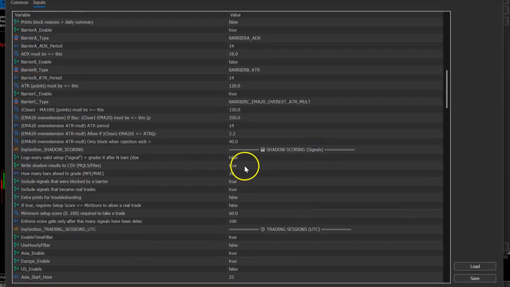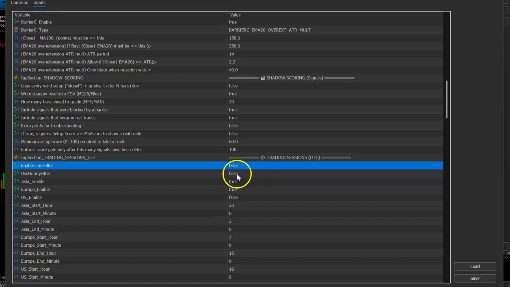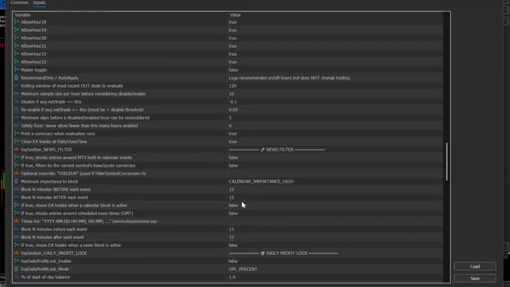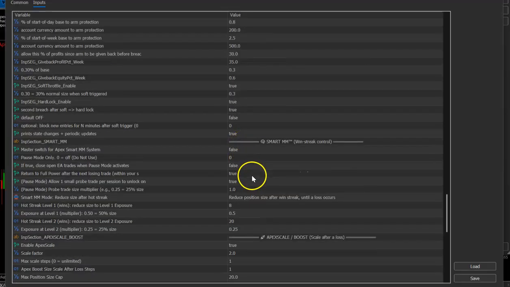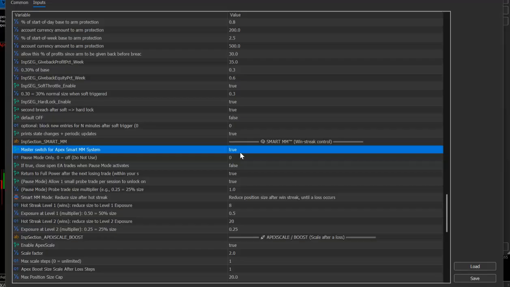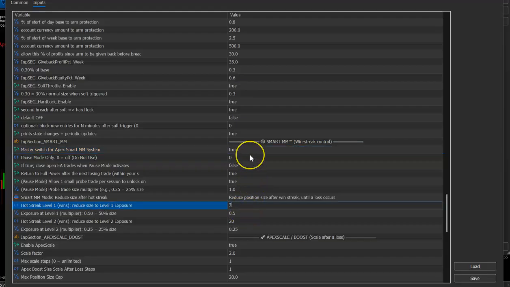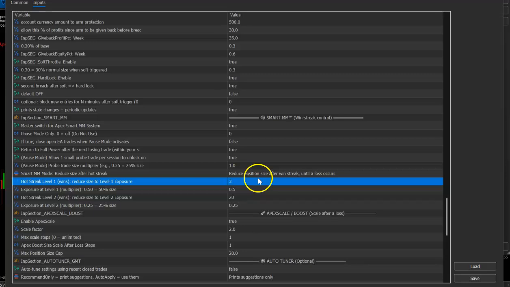When you run that, you just turn off trading sessions so it's running around the clock, and turn off daily profit lock and smart equity give back; that's all off. For fixed with smart money management, you'd have this on, reduce size after 3, so it's constantly tracking that combination.